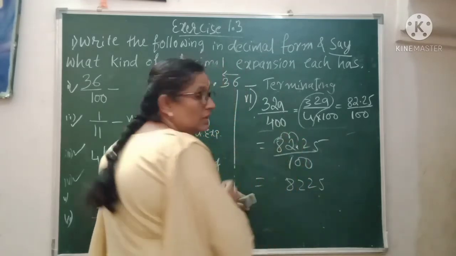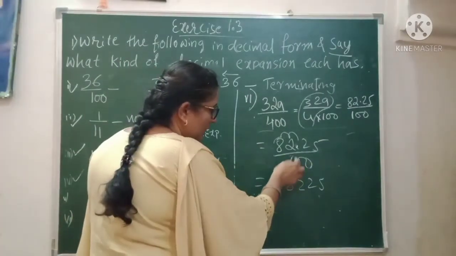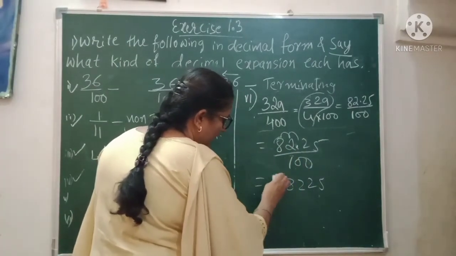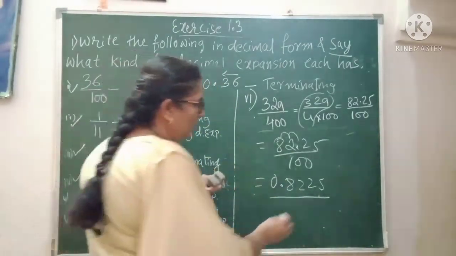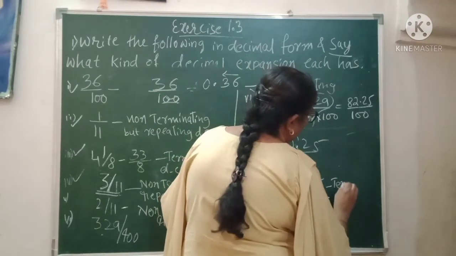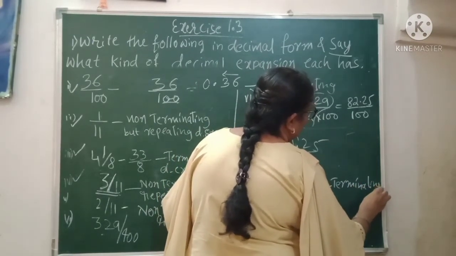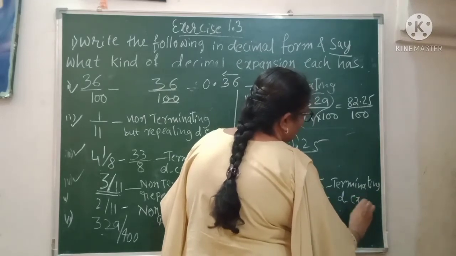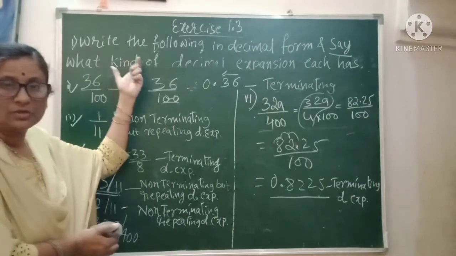Most of the students get confused in this one. 2 zeros means shifting two places. This is terminated, and this is what we have to say here: this is terminating. Very simple. Terminating decimal expansion.